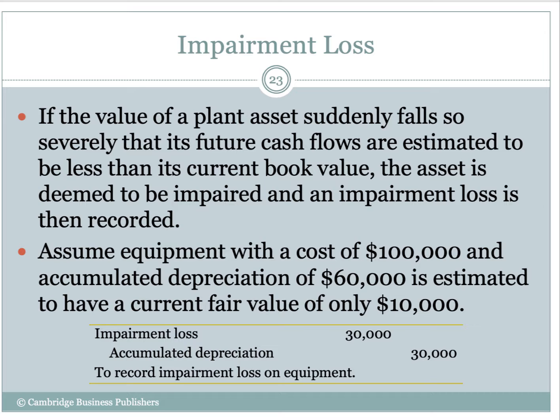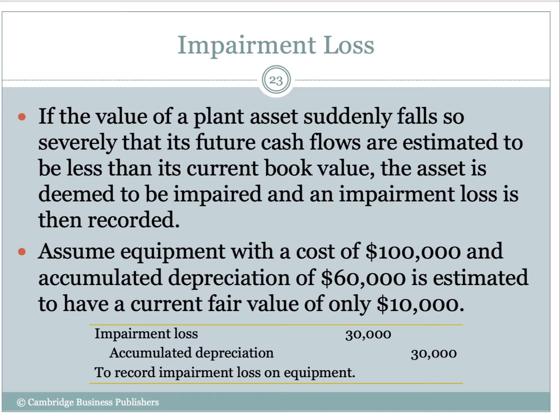Now let's talk about impairment loss. What is impairment loss? Well, let's say that we have a plant or a piece of equipment or any long-lived asset, and the value of that plant asset falls an awful lot, so that the future cash flows we're getting from this asset are less than its book value.